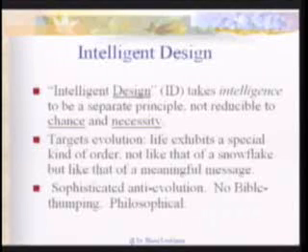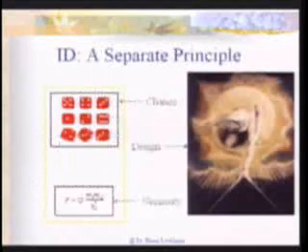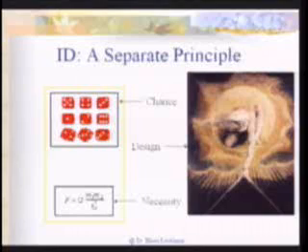Intelligent design can also be considered sophisticated anti-evolutionism. There's no Bible thumping involved. There's no concept of the designer being God, the God of the Bible, and it's philosophical. ID is a separate principle, and here again, just pictorial, the three different concepts. Chance, dice.